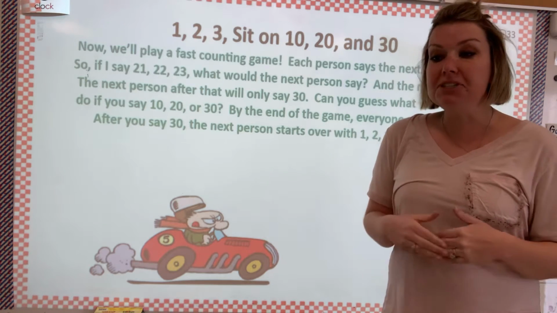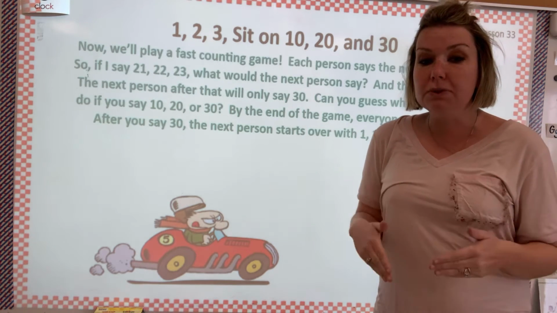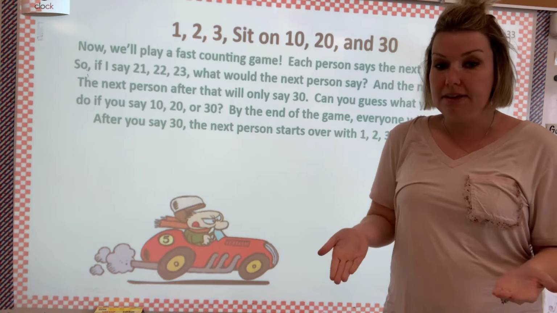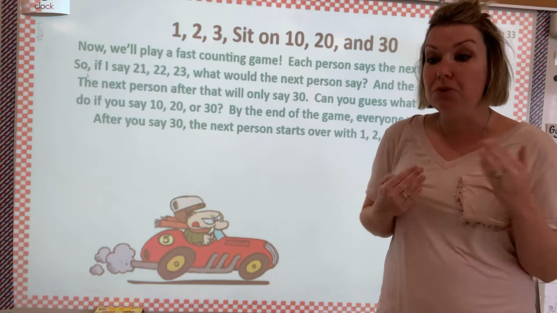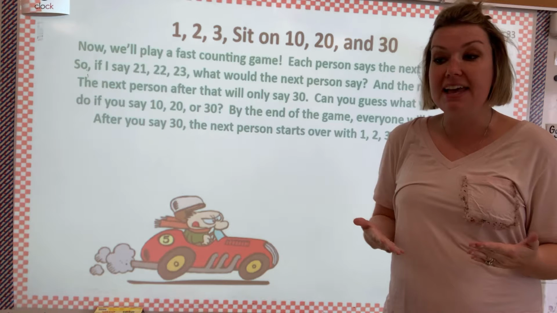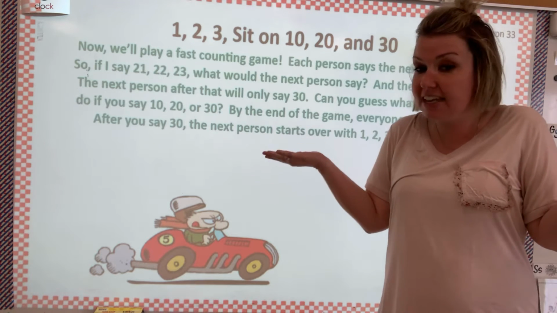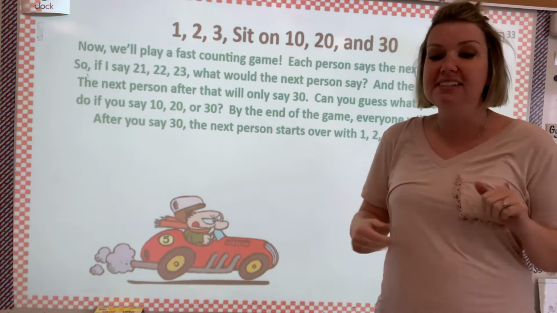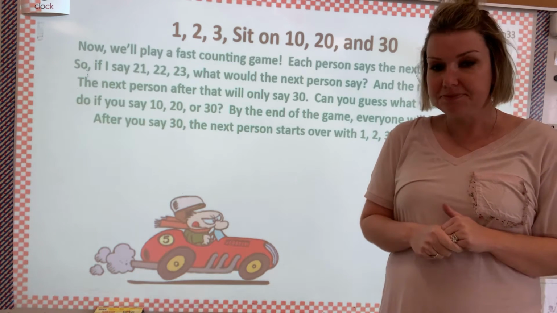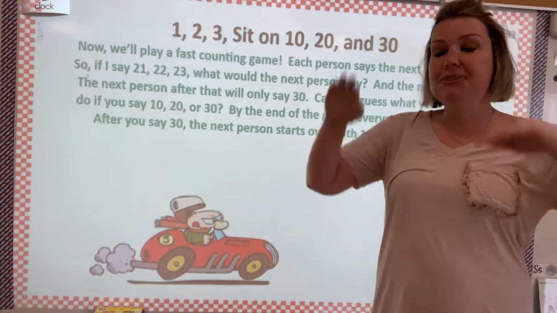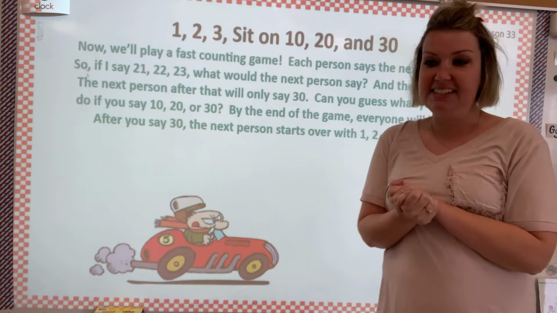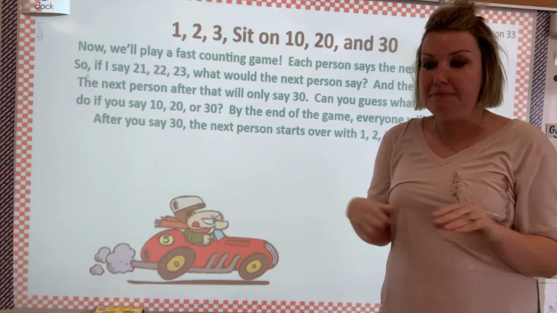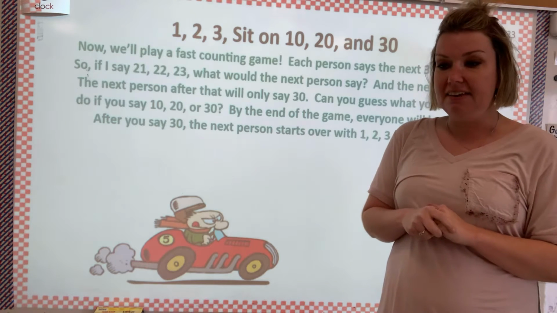The next person after that will only say 30. And can you guess what they have to do when they say 30? What are you going to have to do when you say 30, Jonian? Sit down. Excellent. So by the end of the game, everyone will be sitting.